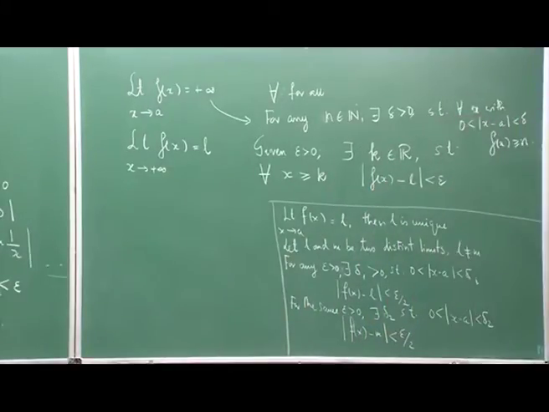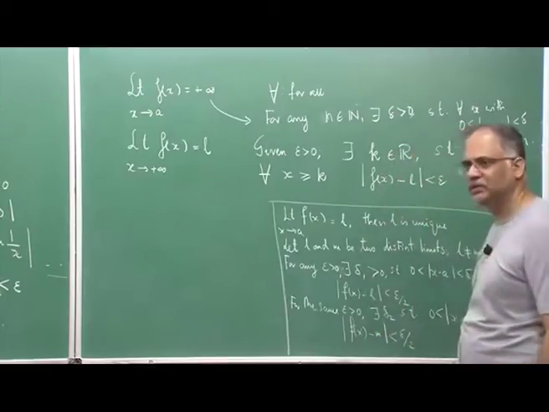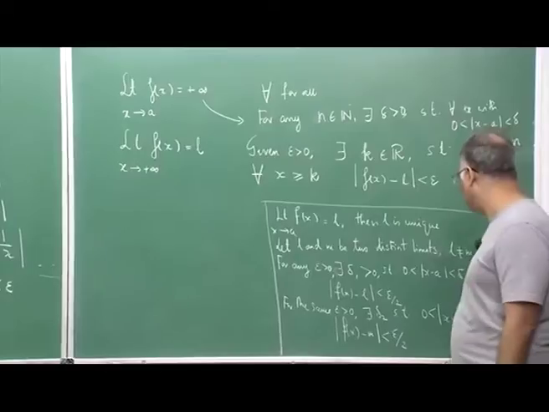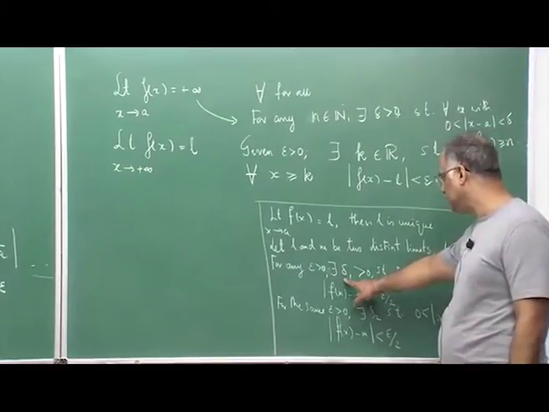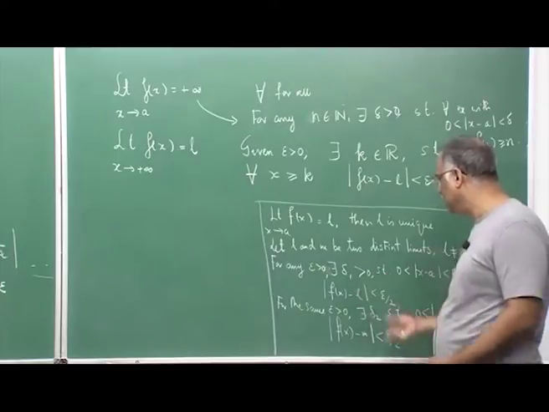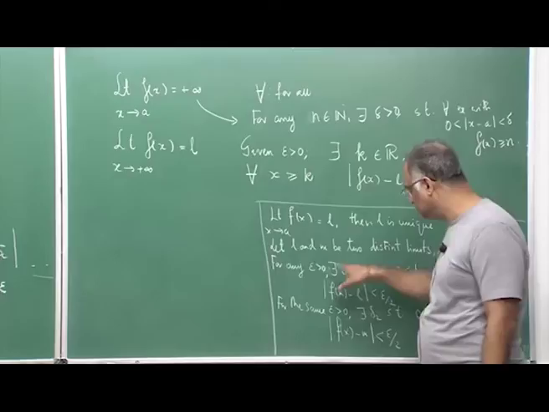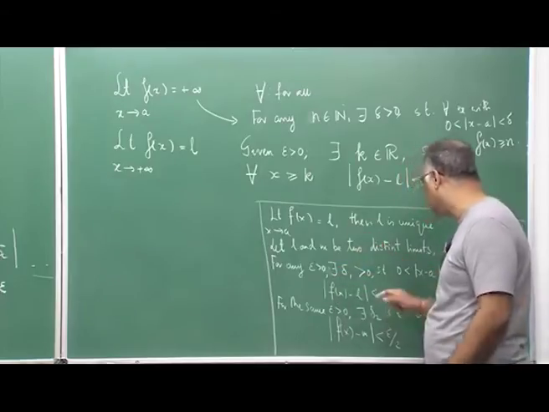Can there be a delta for which both of these definitions hold together? It is obvious, because if this works for a certain delta 1 and this works for a certain delta 2, and you take the minimum of both of them, then that delta would work for both.